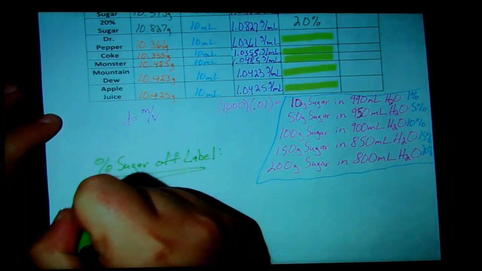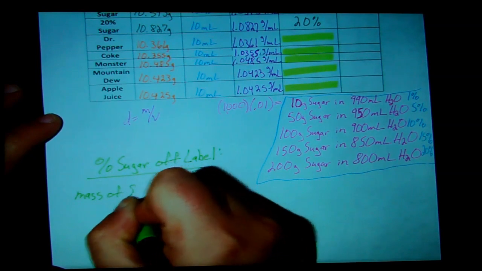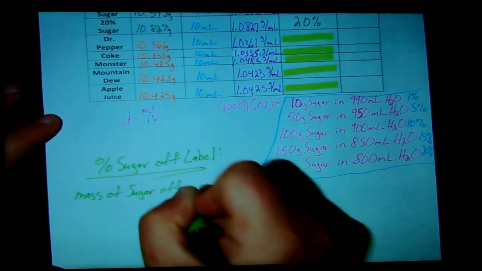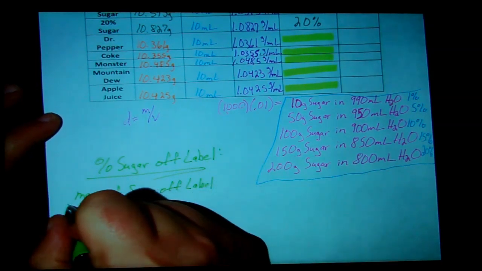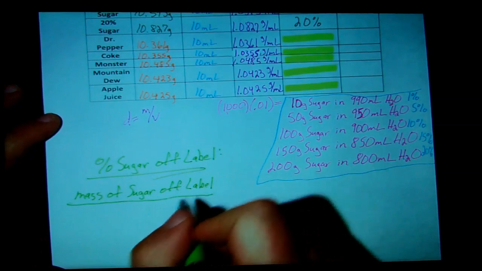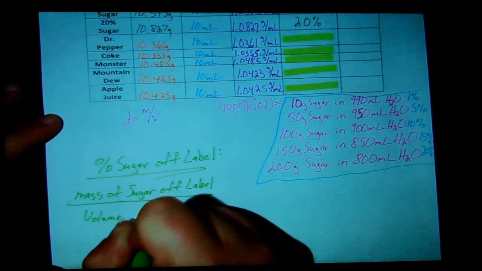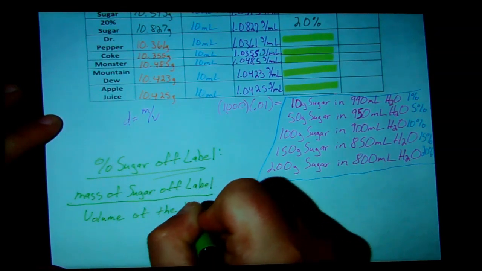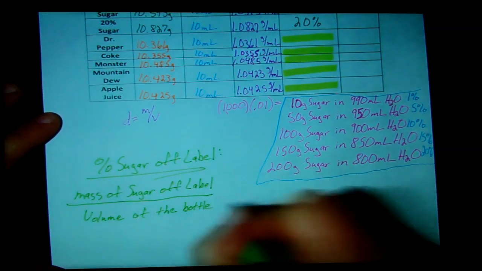You're going to take the mass of sugar off label, you will divide it by the volume of the bottle or can. We're looking at a bottle. And you will multiply that by 100.